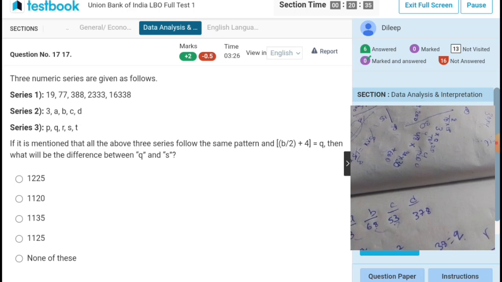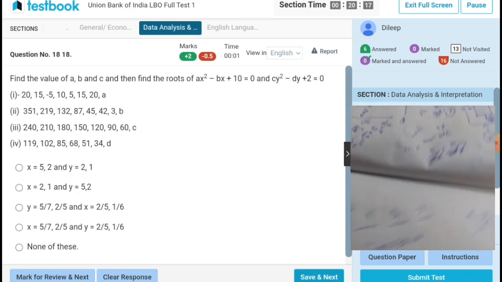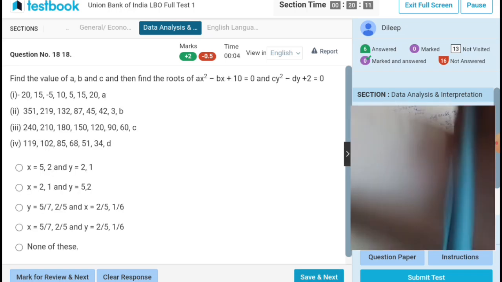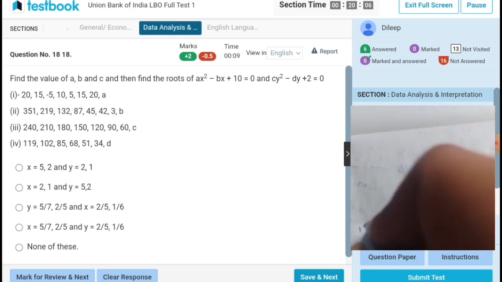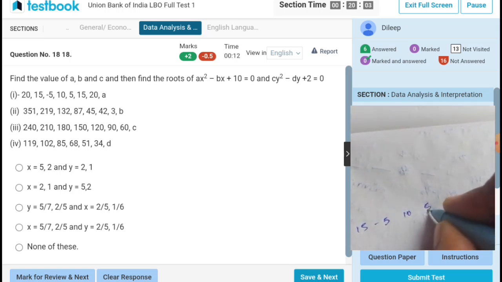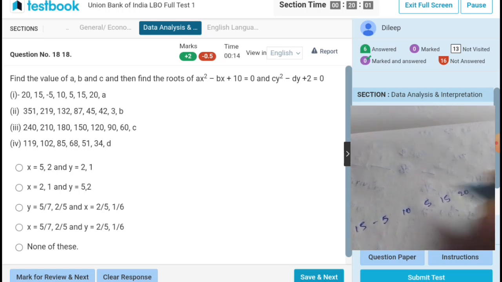Five, 8, B by 2, 38. Next one, that is about minus 20, 15, minus 5, 10, 5, 15, 28.